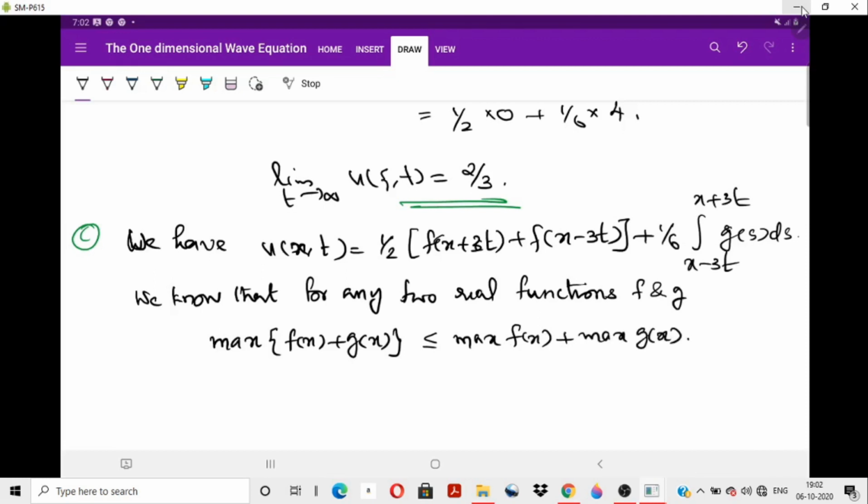So actually we have to find the maximum of u of xt, that is the maximum of f of x plus 3t, f of x minus 3t, and the integral function. So this will be less than or equal to the sum of the maximum of each. So let's try to find the sum of the maximum of each of the functions.